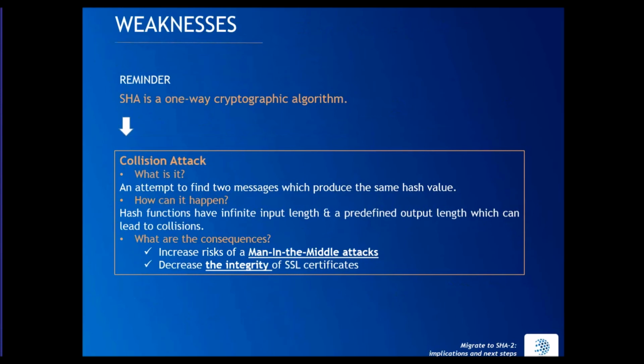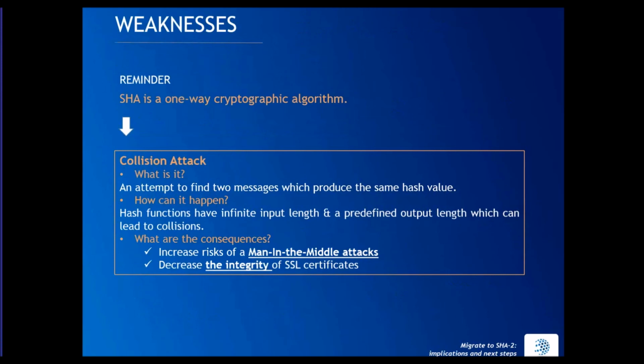And when that collision happens, there are ways of it being exploited. For example, there are a number of exploitations. One of them could be redirecting people to fake websites. Another could be stealing confidential data.